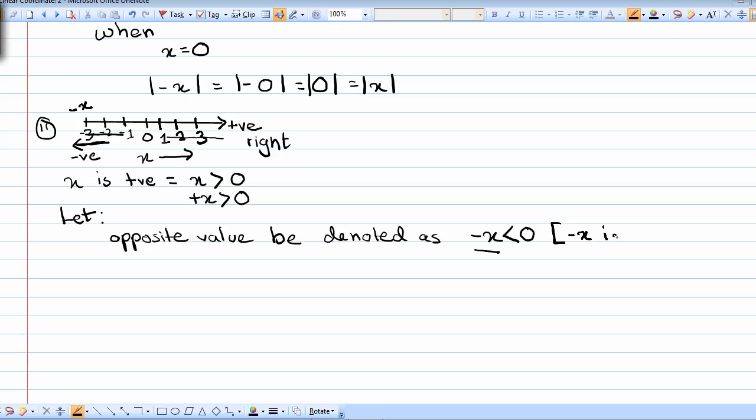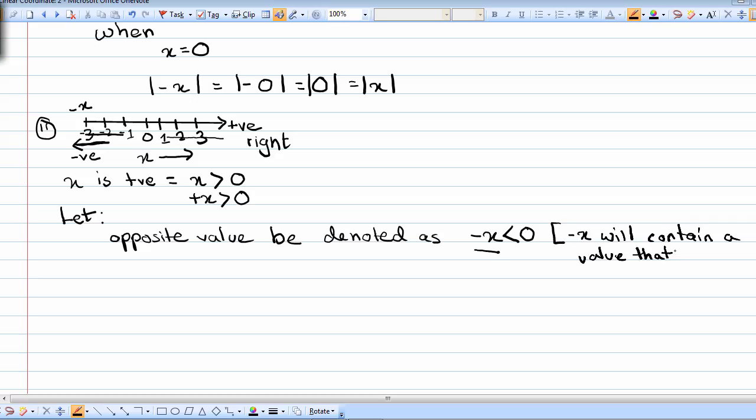So this is another way of saying that this negative x, let me make it more precise, this negative x will contain a value that's negative.